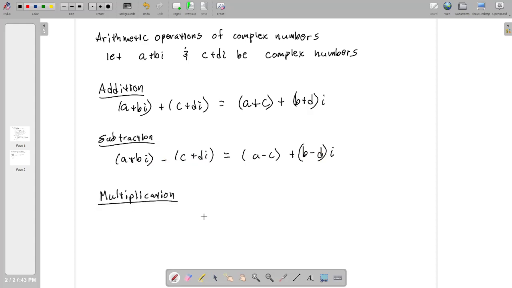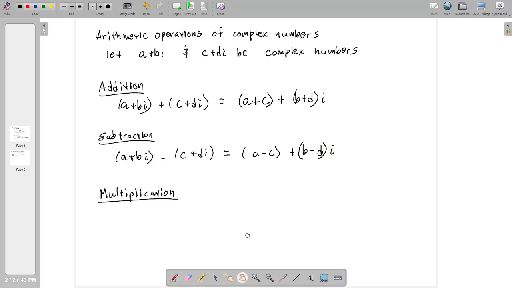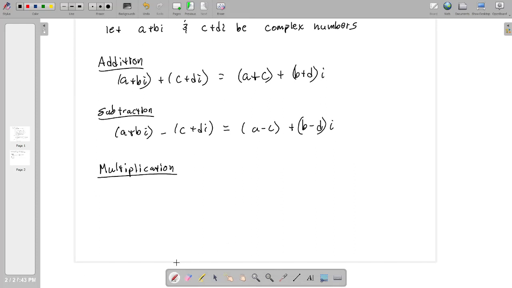Multiplication. Now, multiplication is exactly how we would multiply two binomials together. Remember that you have to distribute a couple of times in order to actually multiply two binomials together. We do a similar thing here, where we would distribute the a plus bi in, and then we would distribute each of the corresponding parts, the real and imaginary part.